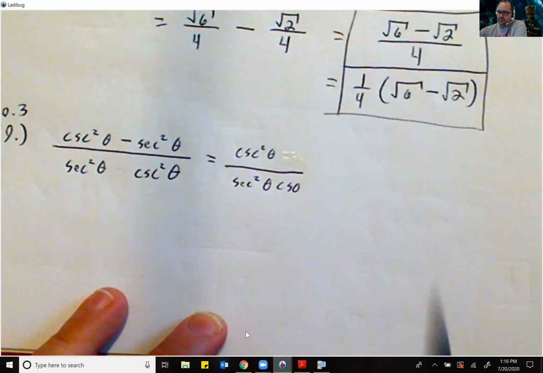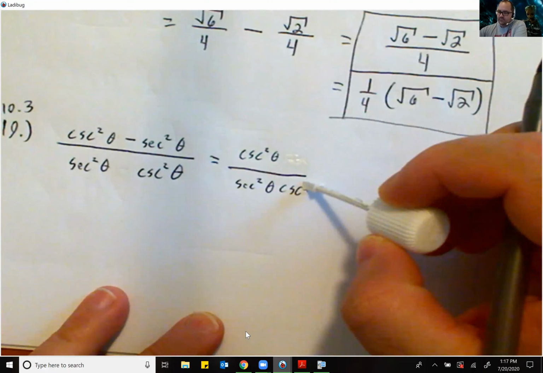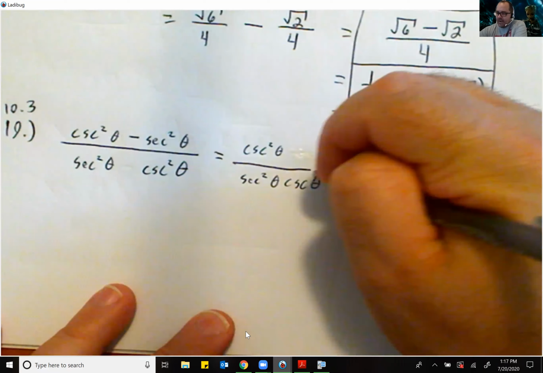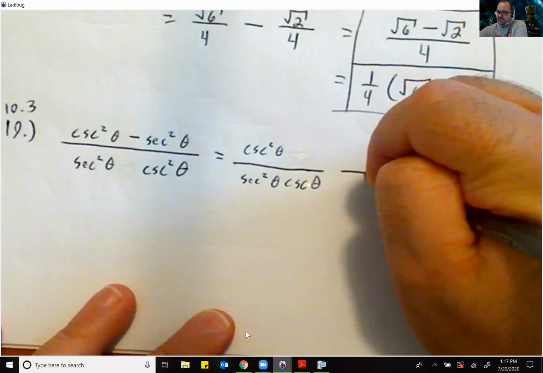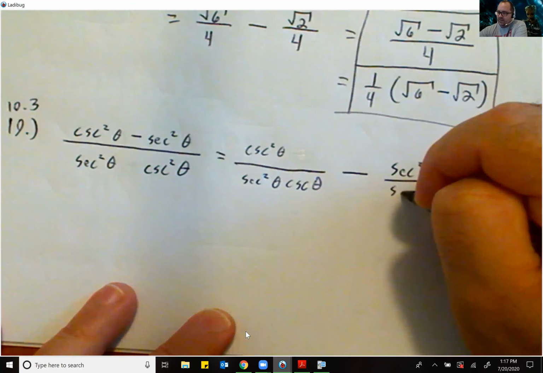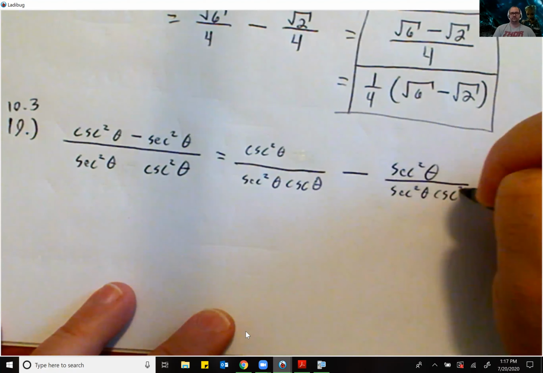Gosh darn. Again, pen is the devil of math, and I'm showing you why right here. Cosecant squared theta minus secant squared theta all over secant squared theta cosecant squared theta.